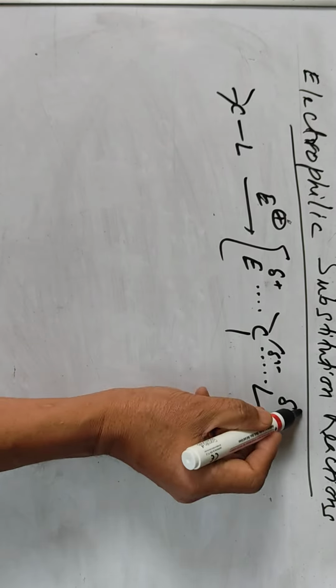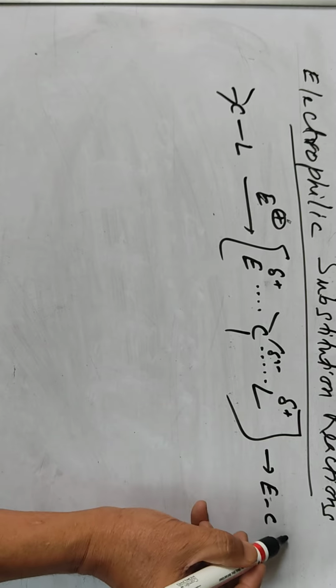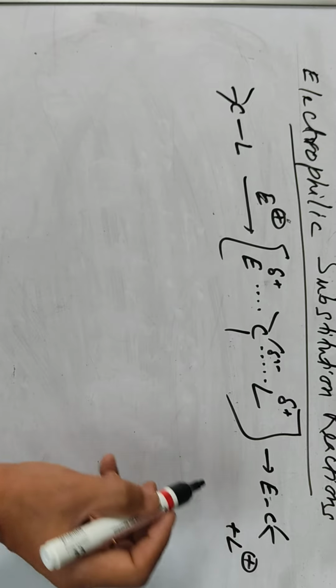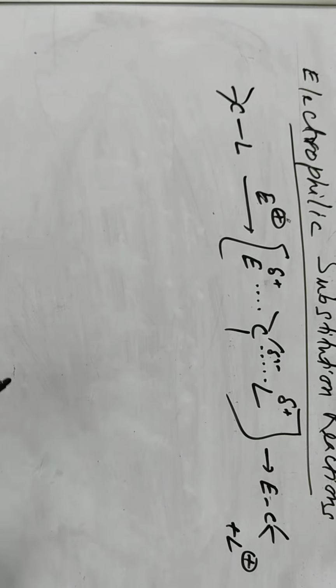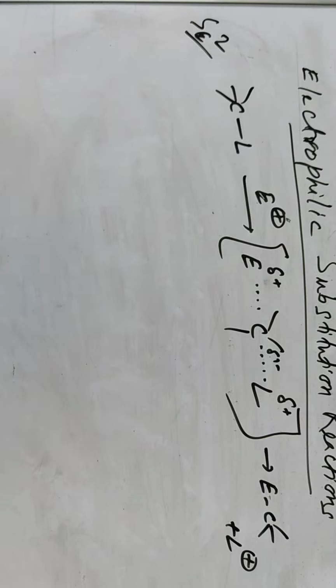So these are intermediate, and then just like nucleophilic substitution reactions, this is the product. This is SE2, bimolecular.